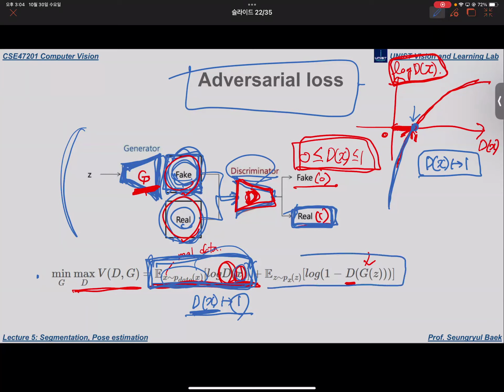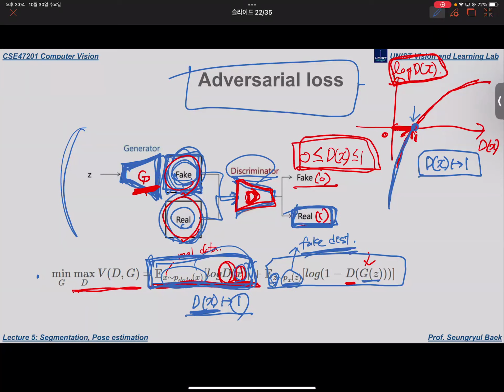And the next thing, you will see Z is from the fake data's distribution. Z is obtained from the fake distribution.